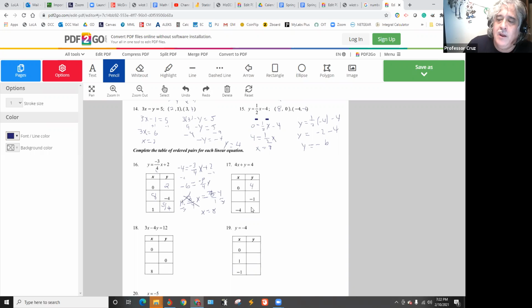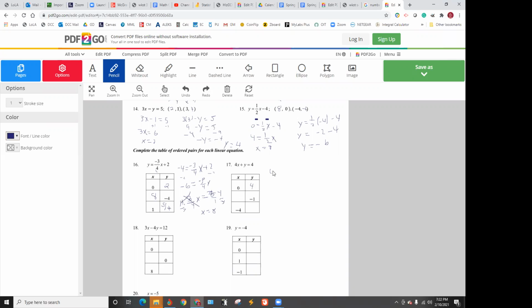And the same thing if they had wanted a 0 for y, then that would be gone and you'd have 4x equal 4, which is x is equal to 1. But they don't pick that.